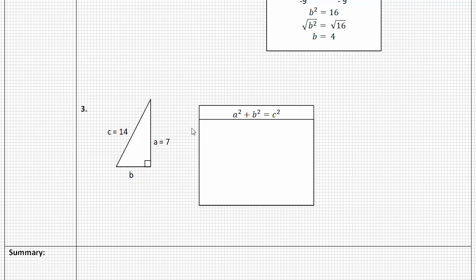So using the information from our diagram, I filled in the values for a and c. I now have 7 squared plus b squared equals 14 squared. Then to begin to simplify the problem, I found the square of both 7 and 14. So the problem reads 49 plus b squared equals 196.